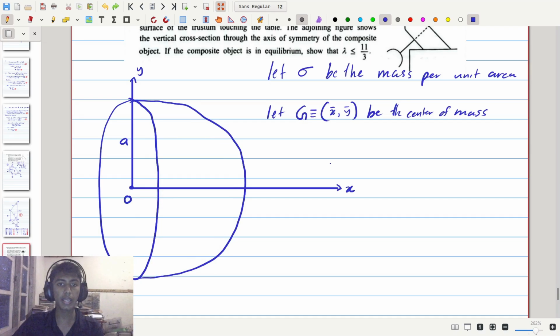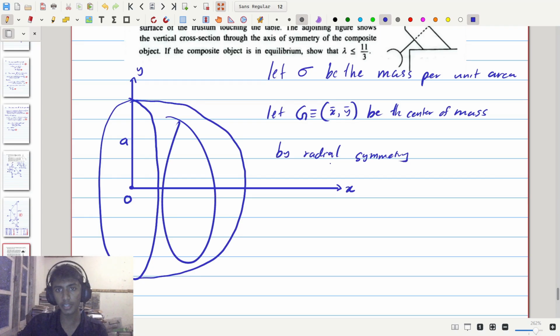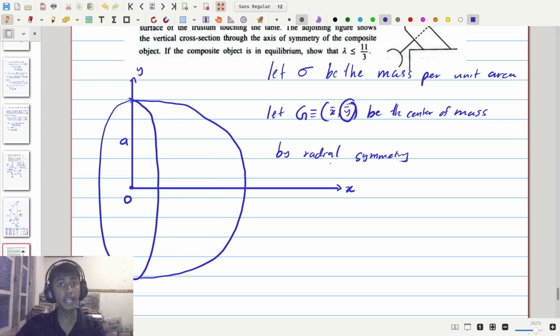We can say by radial symmetry, since the entire object is radially symmetrical, the y coordinate of the center of mass must be equal to 0. By radial symmetry, y bar equals 0.